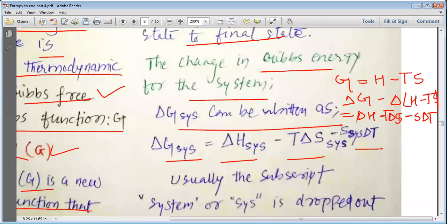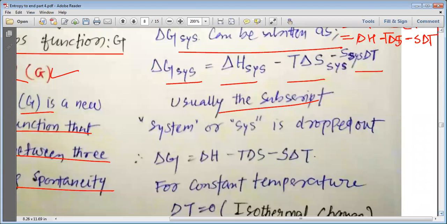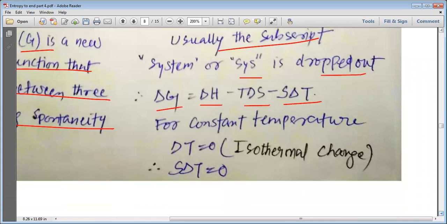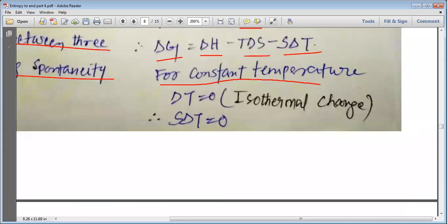Now my dear students, usually the subscript system, or sys, is dropped and we can write delta G is equal to delta H minus T delta S minus S delta T. Now for constant temperature, suppose delta T is equal to 0.